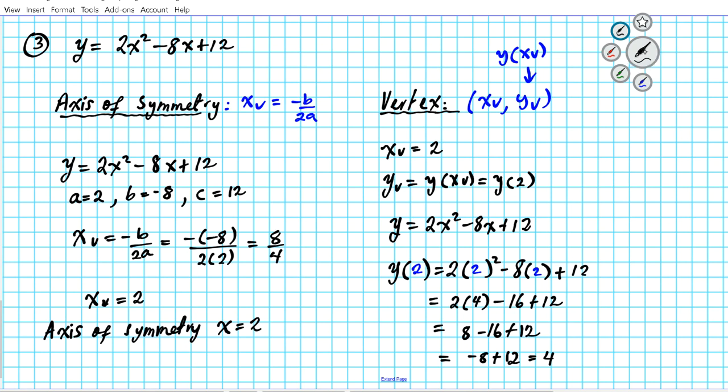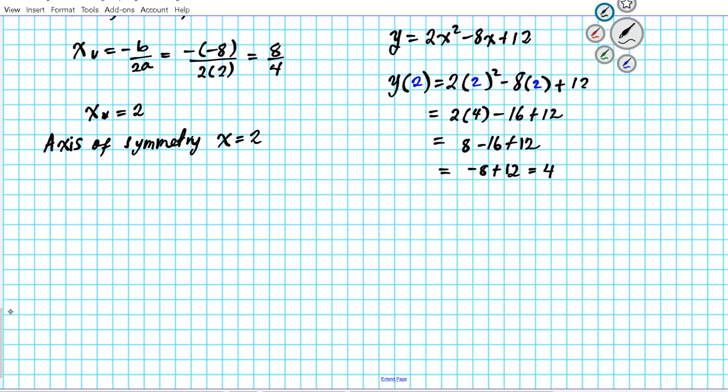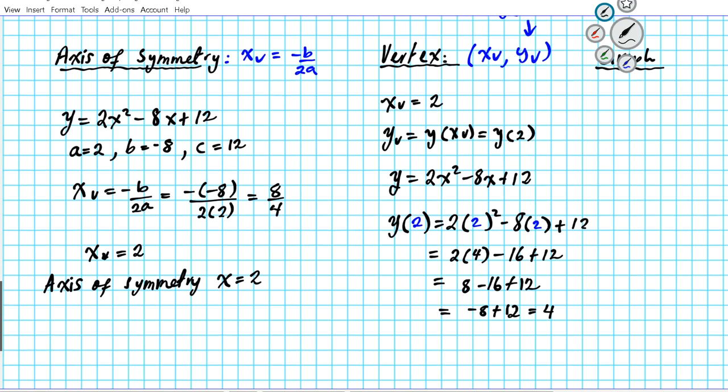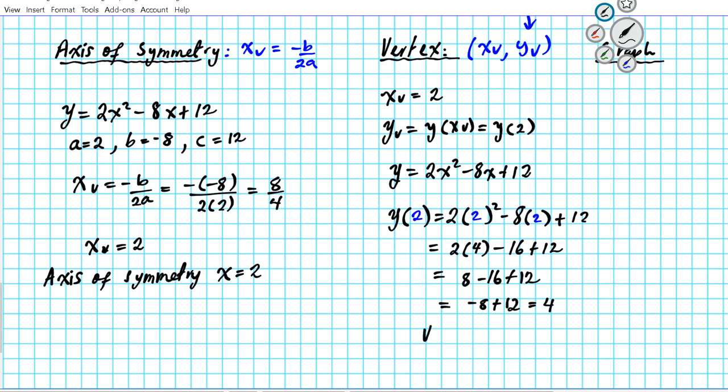All right, let's go ahead and graph it. Before we start graphing, let's specify what the vertex is. The vertex is the ordered pair 2, 4.